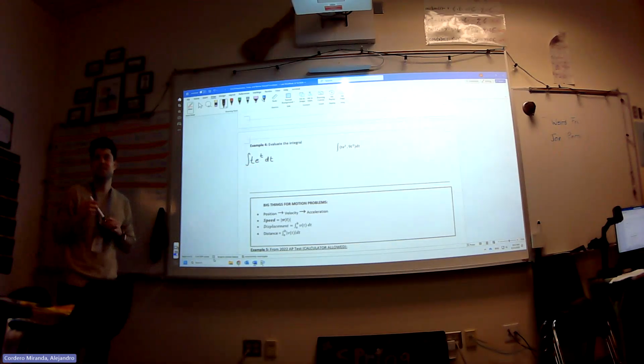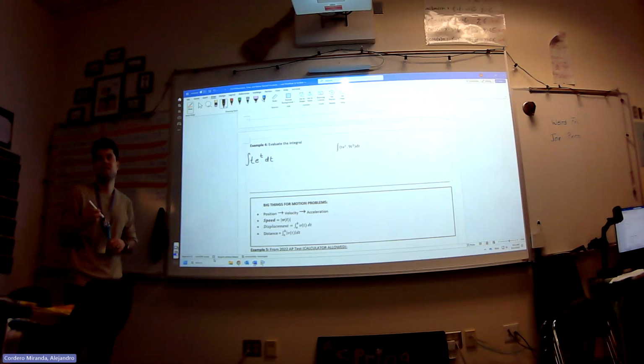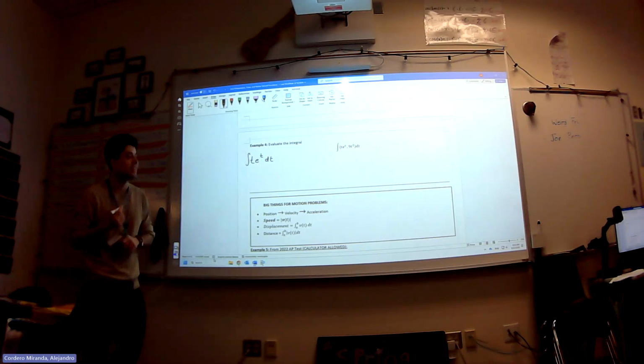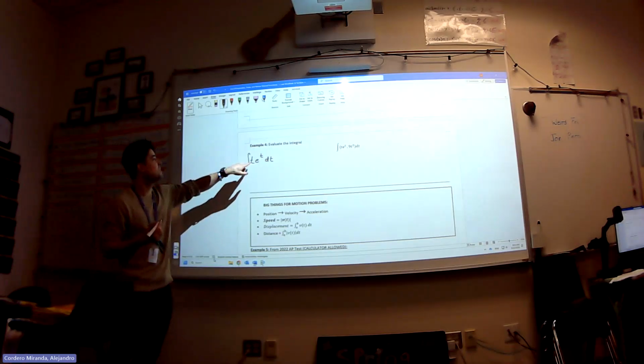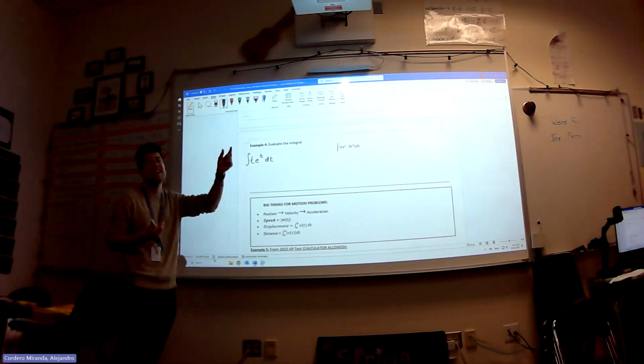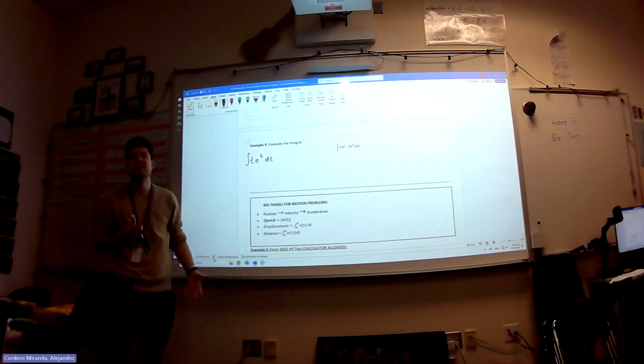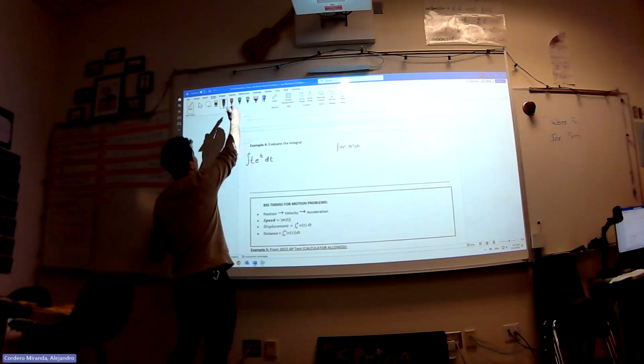What would reverse chain rule be? U substitution, but I think you're thinking the right thing. The one with the dv. Nice, yeah, that one. That's called integration by parts, and that's the one you need. If you see function times function and U substitution won't work, like you don't see an inside function whose derivative is in there, then probably it's going to be integration by parts, and that looks like this.